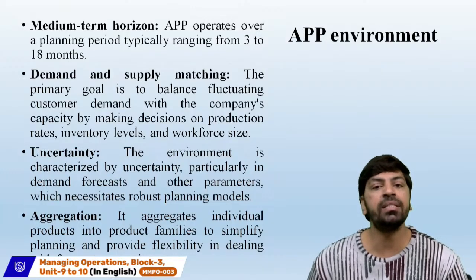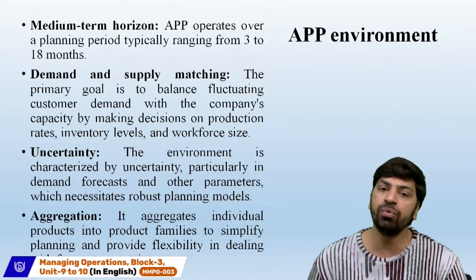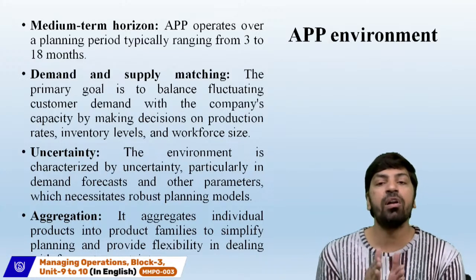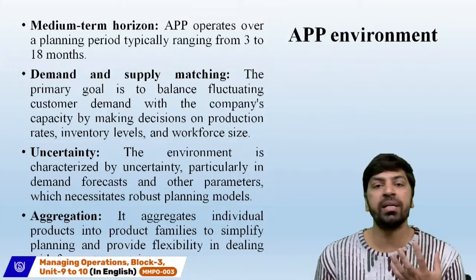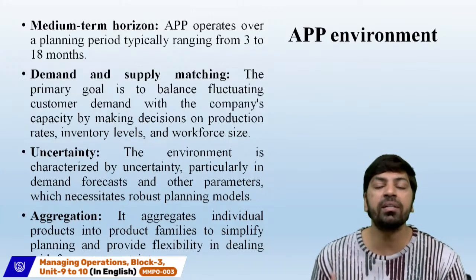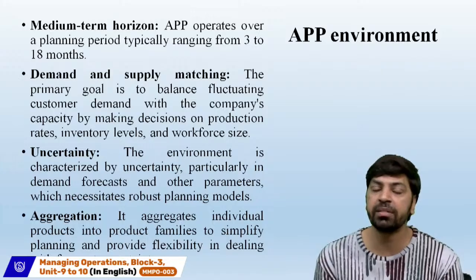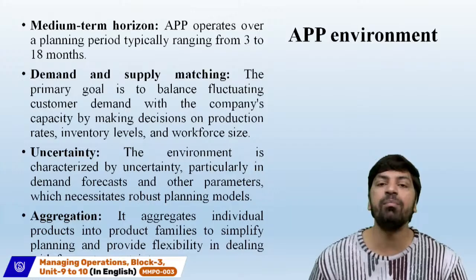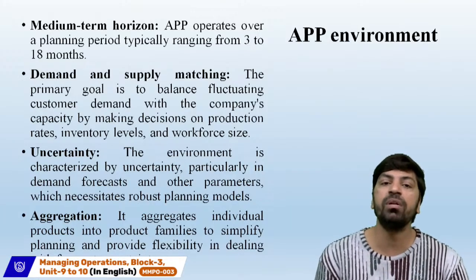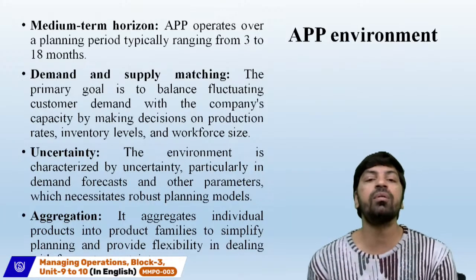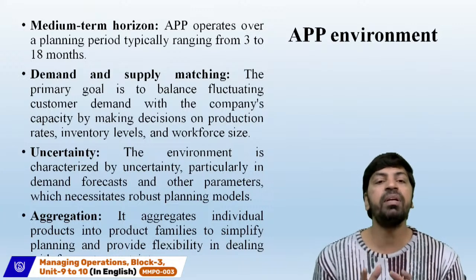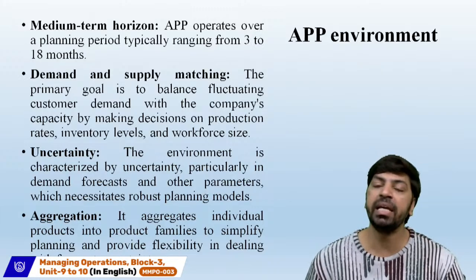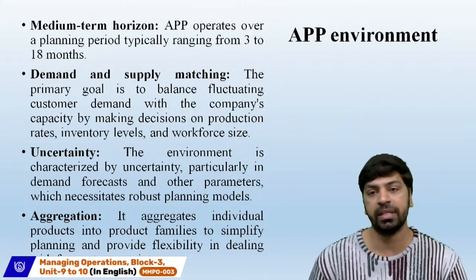It aggregates individual products into product families, because after all this planning always applies to groups of products rather than individual products. That's the main aim of the APP environment: it aggregates individual products into product families to simplify the planning and provide flexibility in dealing with forecast uncertainties.